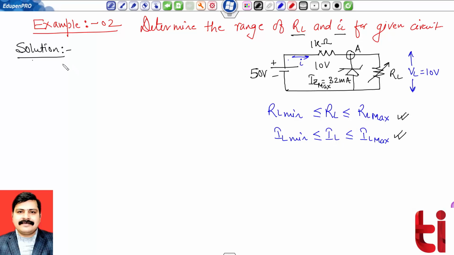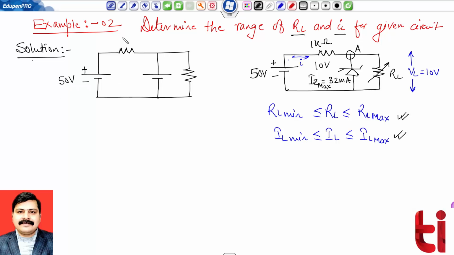So for the solution, I have to draw the circuit first, so that the idea will be clear, by considering the situation that my Zener diode is on. My input supply is given as 50 volt, 1 kilo ohm. This is a variable. So over here I will have a variable current.